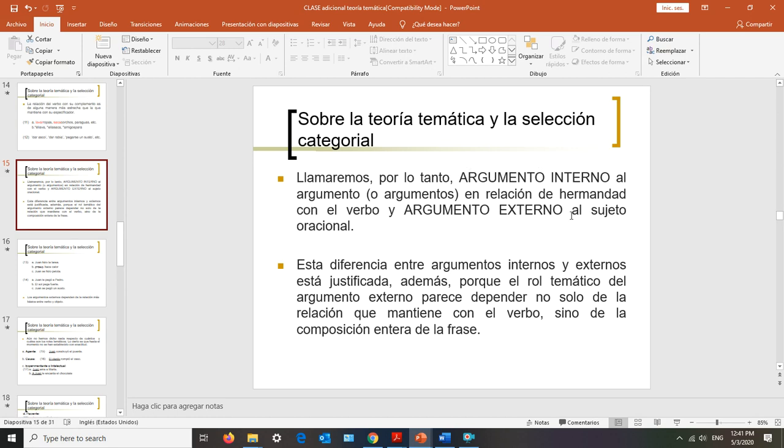And an external argument is the sentential subject, that may also be selected for by the verbal predicate, but has other distinguishing features that take the subject apart from the internal complement, the internal argument.